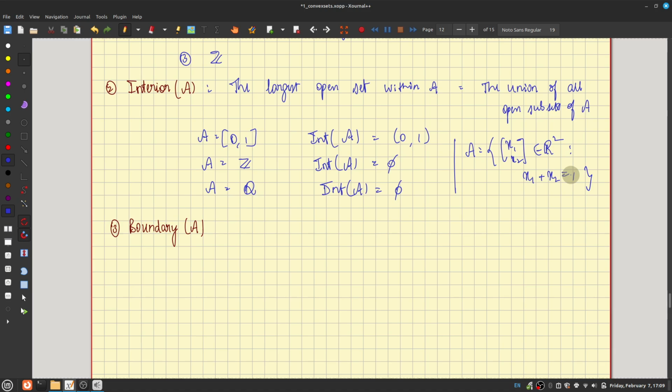What is the interior of A? You can't fit a non-trivial ball inside this because it's in a so-called smaller dimension. This set has dimension 1, but you're actually living within R^2. You can't fit a two-dimensional ball within this set A.